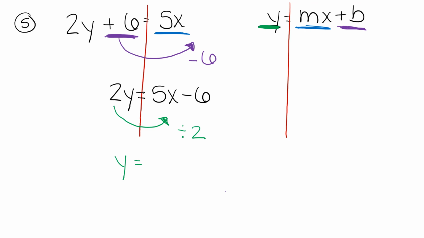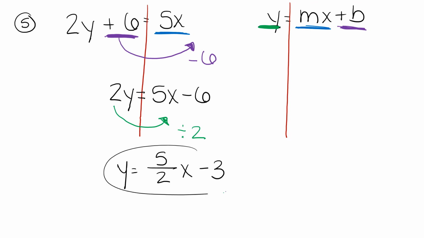So, because we can't do it evenly, we can leave it as a fraction, 5 over 2. It's okay to leave it as a fraction because remember, slope or rate of change is always a fraction. Just make sure it's a simplified fraction, and 5 over 2 is. We can do the 6 divided by 2. 6 divided by 2 is 3. And so our final equation is y equals 5 over 2x minus 3.